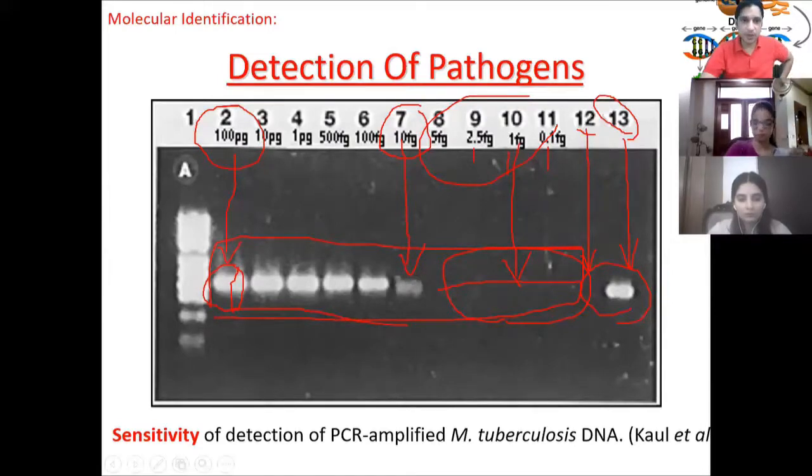The first question I am taking is from the student: Sir, what do you mean by manually putting a sample? So, not manually putting the template DNA. What I was talking about is for this sample, number 13.